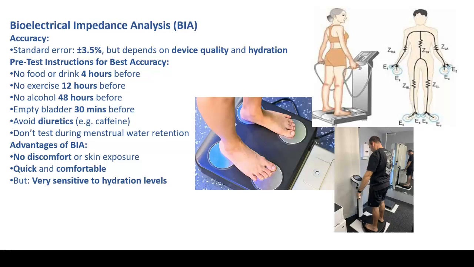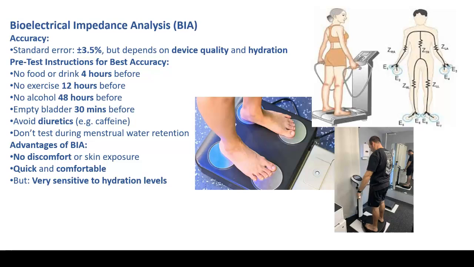So there are some tips and recommendations to follow before using this equipment: don't eat or drink for 4 hours before the test, don't exercise 12 hours before, don't drink alcohol 48 hours before, and go to the bathroom 30 minutes before the test.